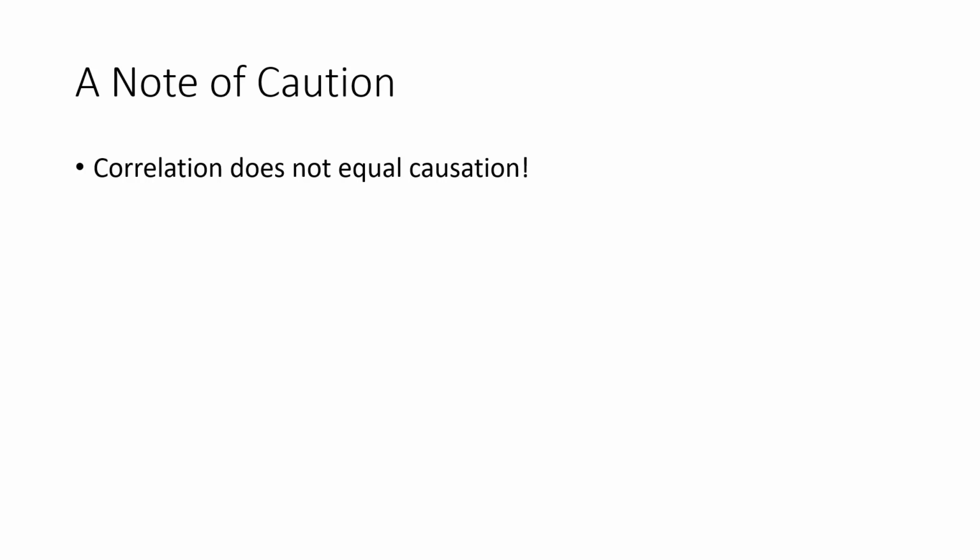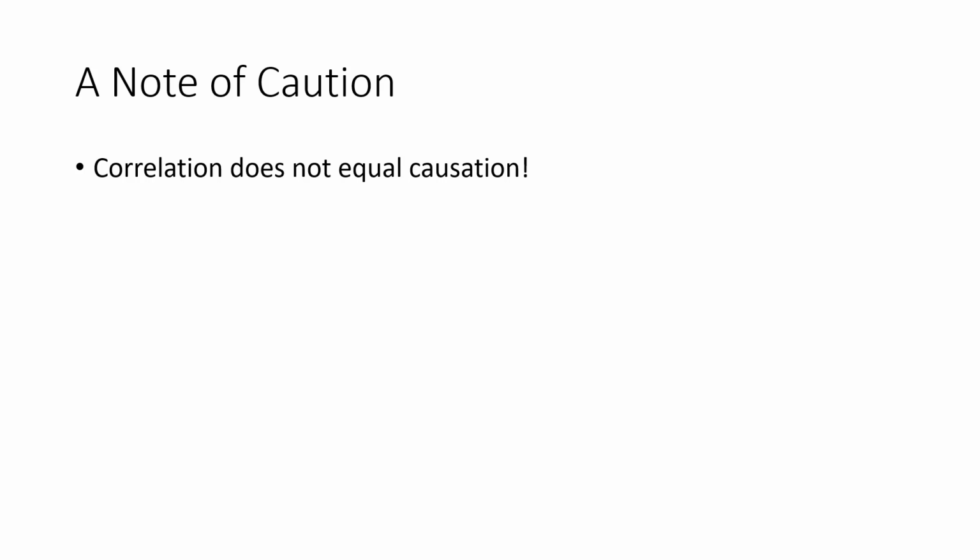Just because two variables are correlated does not necessarily mean that one causes the other. There must always be a logical, or we might say theoretical, reason to call something causal. And causality is where we get into the differences between dependent variables and independent variables, which we will talk about more in the regression video.